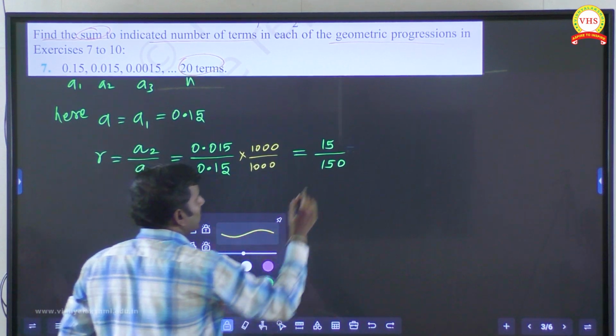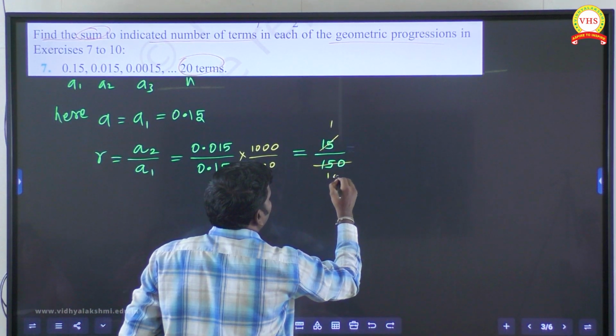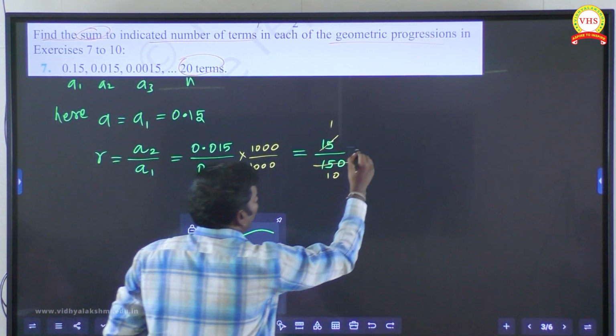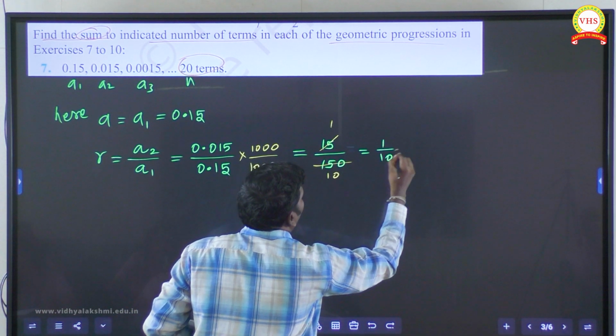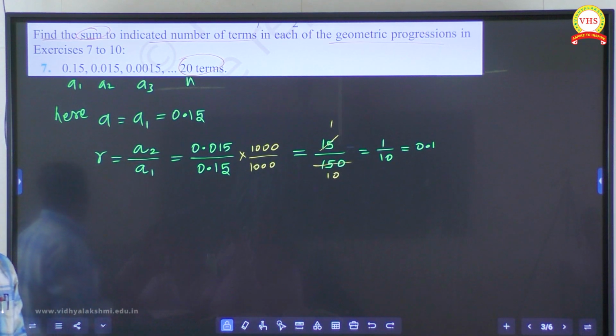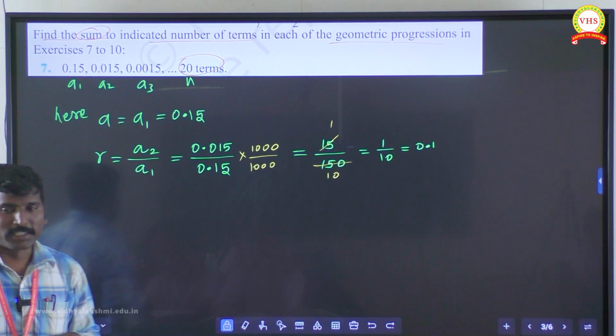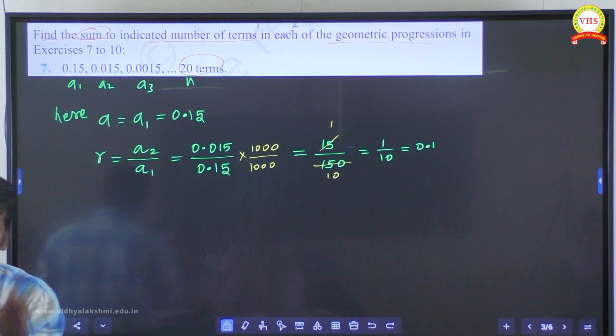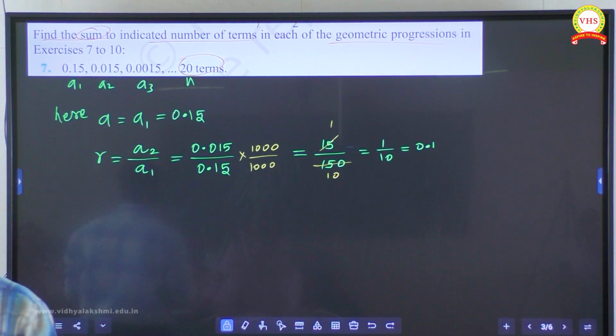When I cancel, 1 time, 10 times. This I can write as 1 by 10, or 0.1. Is 0.1 greater than 1 or less than 1?